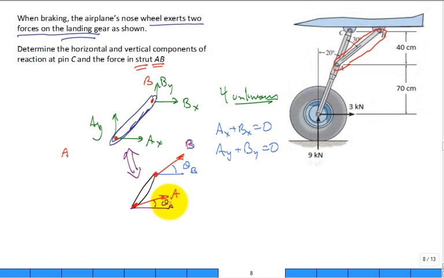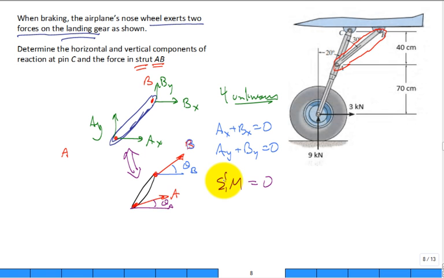Now, okay, think about this for a minute. If this is the way you're going to analyze it, what do you think about the sum of the moments on this object, this strut? They have to be equal to 0. True. So what is going to be the restriction here?